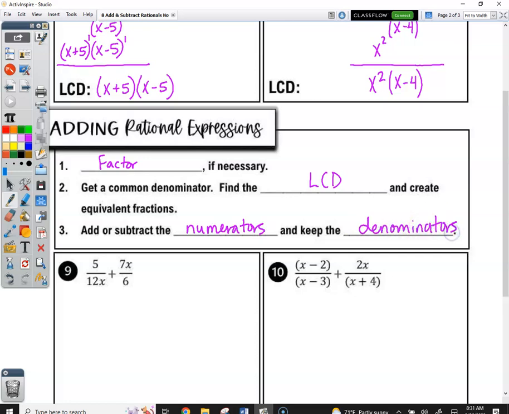When we get to, I think it's chapter 3 or 4, this will come up again, but instead of it being an expression, it will be an equation. This is why you need to know how to do this, because once you get the LCD, you're going to multiply by it, and then the fractions disappear.